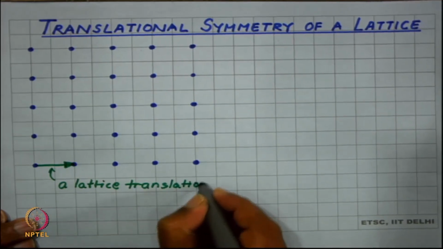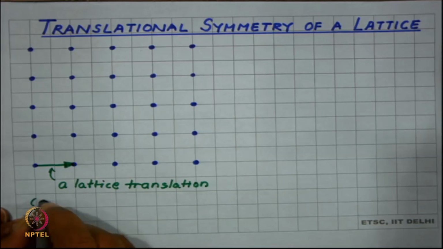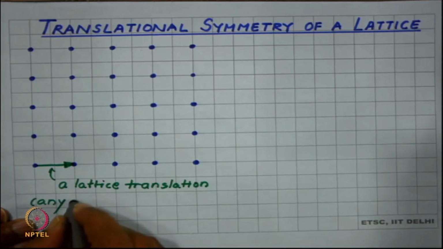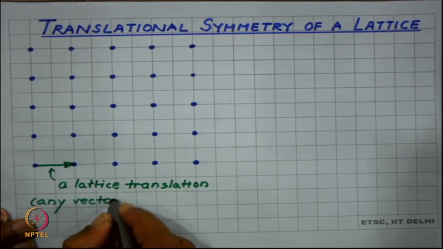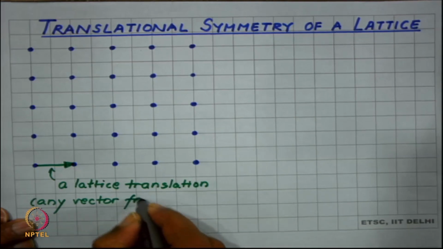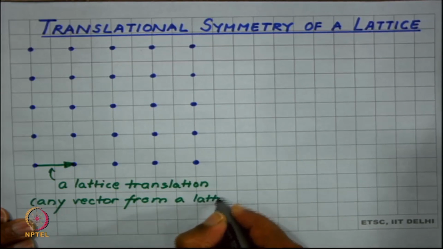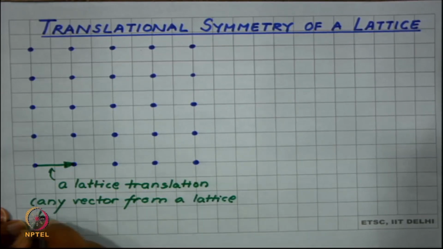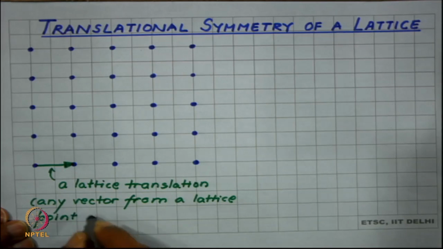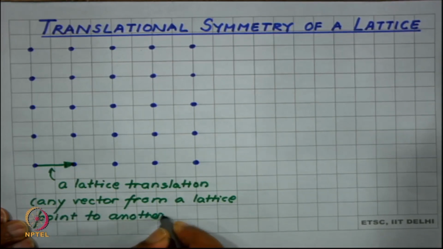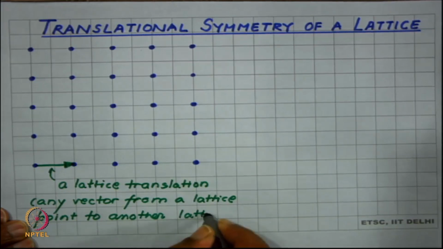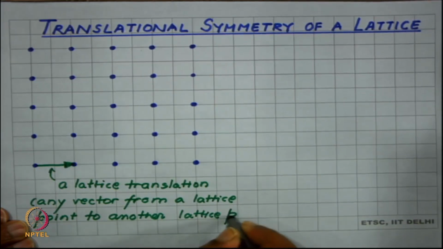A lattice translation is any vector from a lattice point to another lattice point.